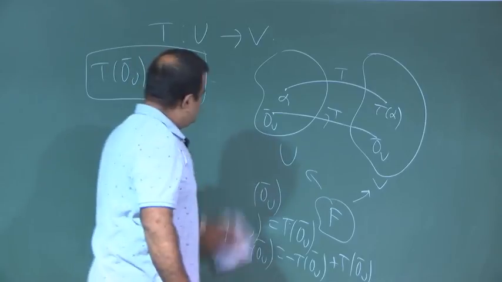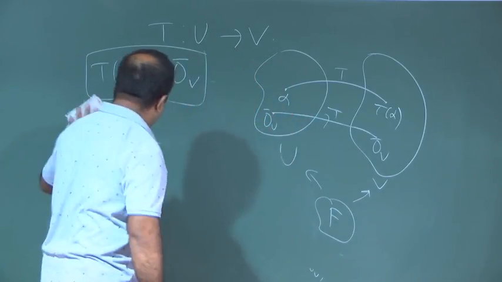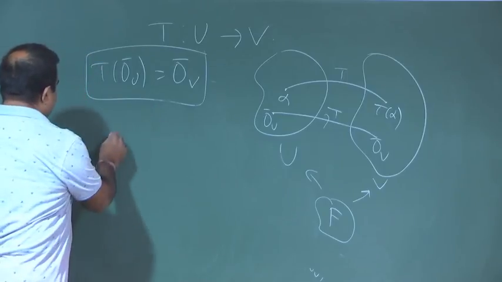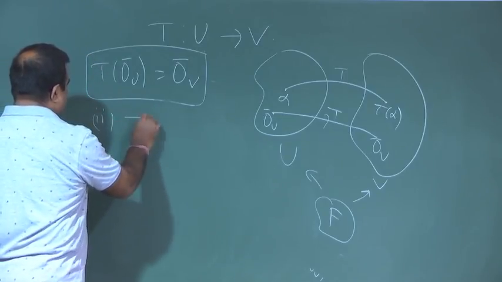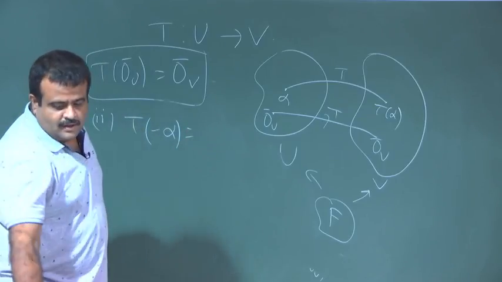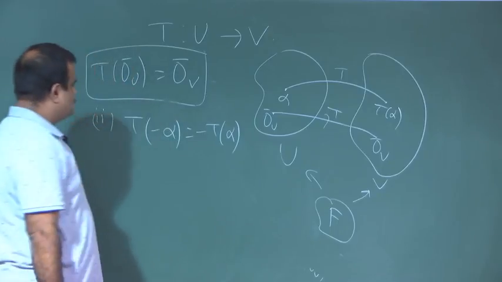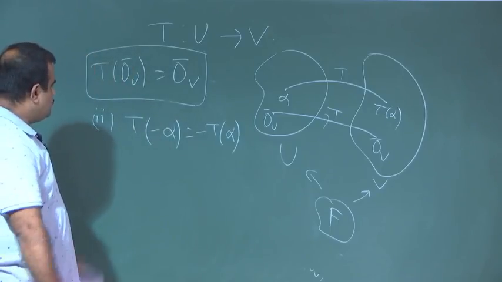Another property is that, for alpha, this is the second property: T of minus alpha is equal to minus of T of alpha. Again we can prove this.